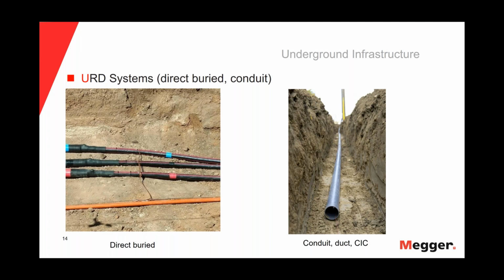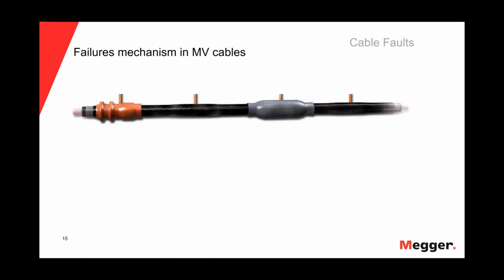Okay, so if we move on to some cable fault types, the failure mechanisms in medium voltage cable. We use this slide a lot when we talk about test and diagnostics on how you can examine a cable, but it also applies to how cables can fail. So we can start with termination, a pothead, and elbow.